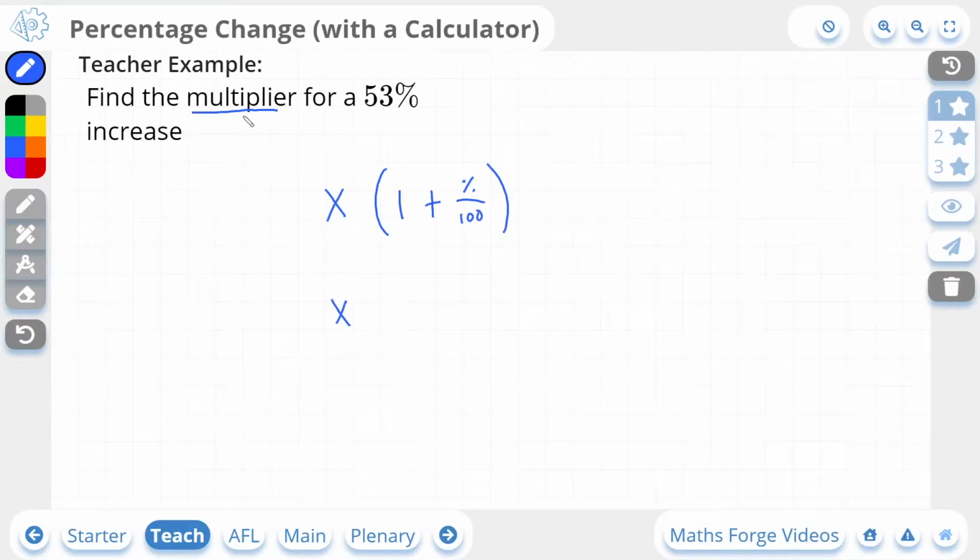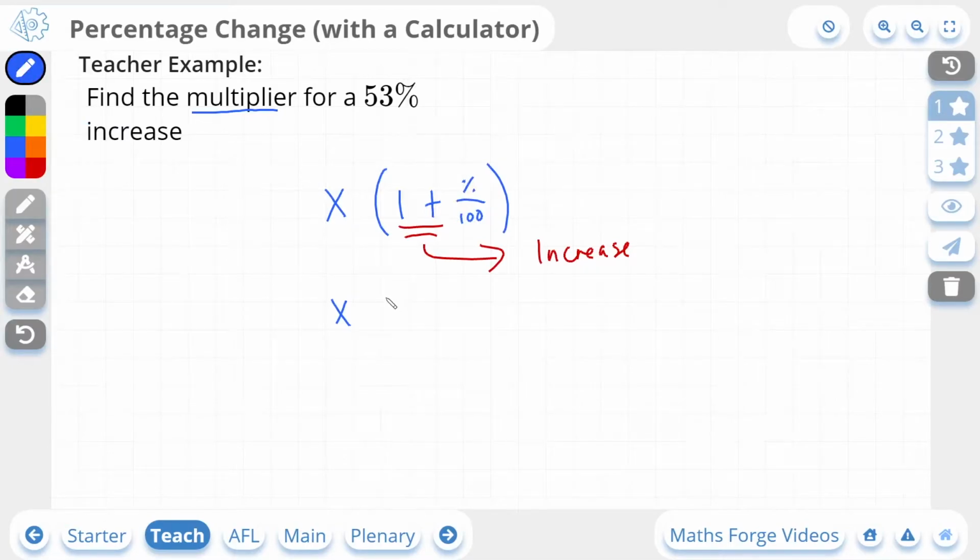Here we're trying to find the multiplier, so the number you multiply onto the amount you're trying to increase by 53%. Because it's an increase, there is a 1 plus. This 1 plus indicates that you are increasing the value, and how much you're increasing it by is the second part here.